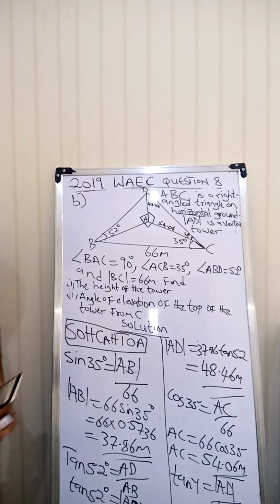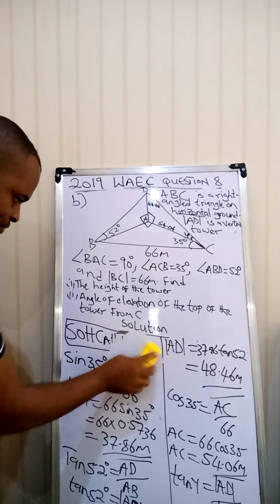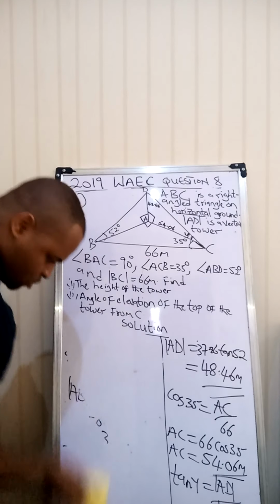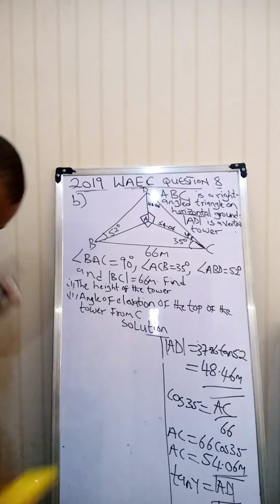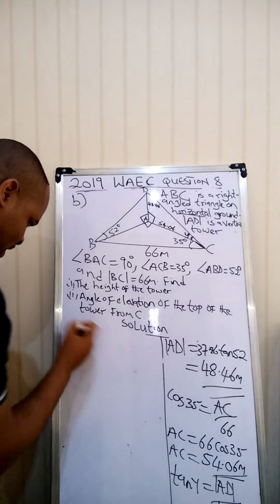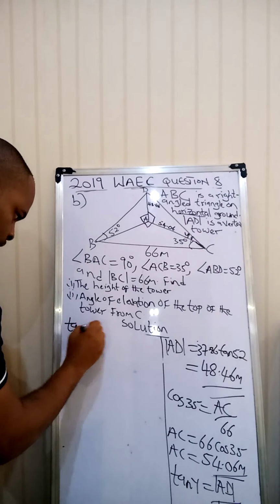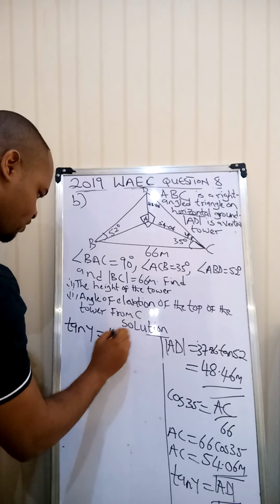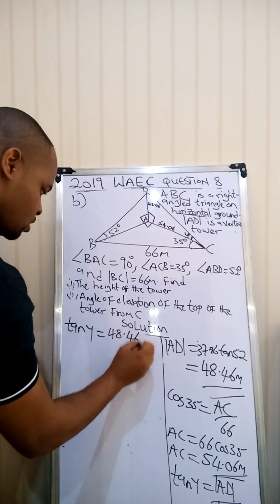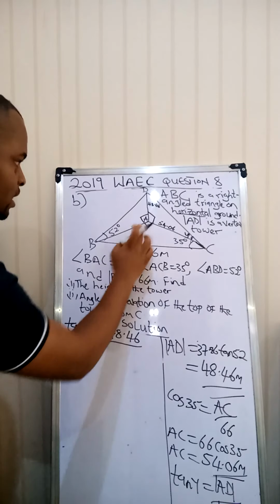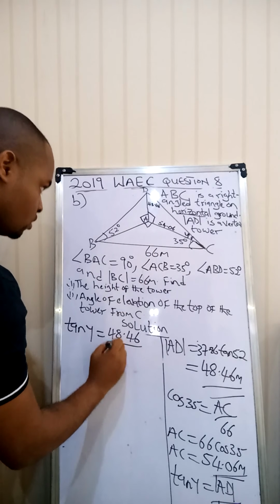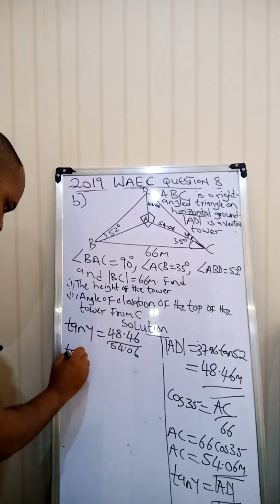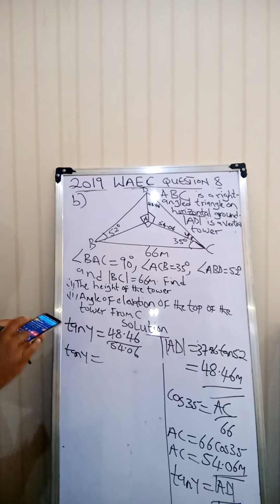Follow me closely. We're almost done with this question. So tan Y is equal to AD, which is 48.46, all over AC, which is 54.06.